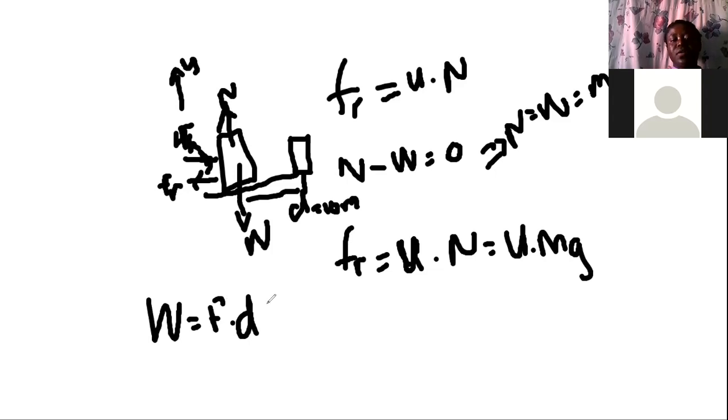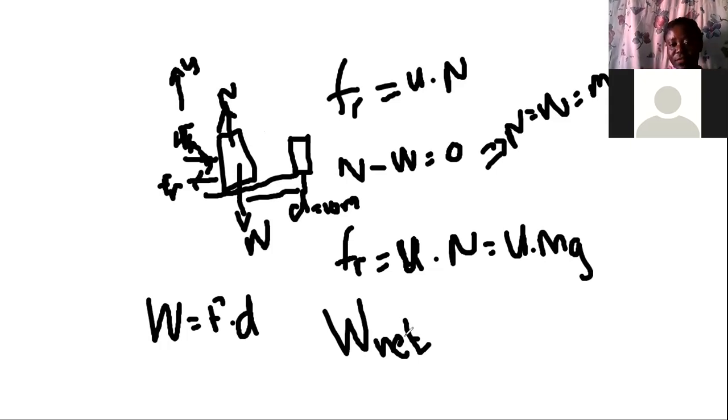So just use that. And since here now we have two forces, it means we have to get the net force applied, because on the crate here there are two forces acting: the force that you are applying and the force which is opposing the force that you are applying.